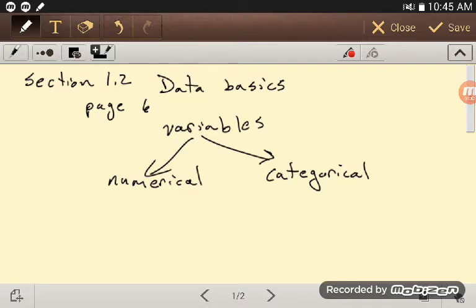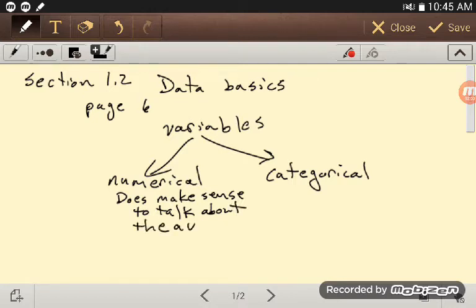One way to look at it is numerical. Does it make sense to talk about the average? That is, I think, a reasonable way to look at numerical.